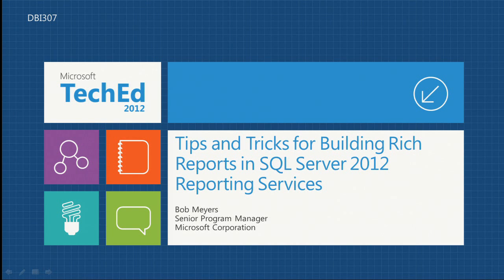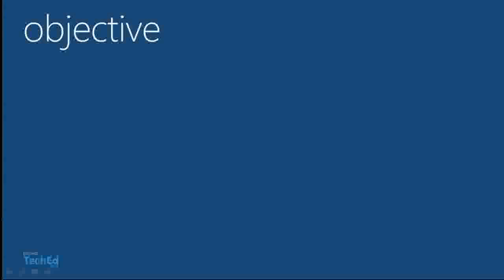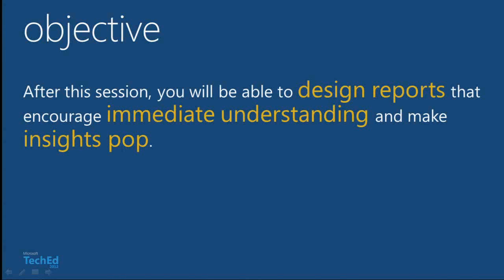So let's get started. The objective for this session: after this, you'll be able to design reports that encourage immediate understanding and make insights pop. So that's what I'm going to help you learn about today. We're going to do 4 things to try to accomplish that. First thing is to talk about how to use a tablix to organize data when you're presenting it in your report.